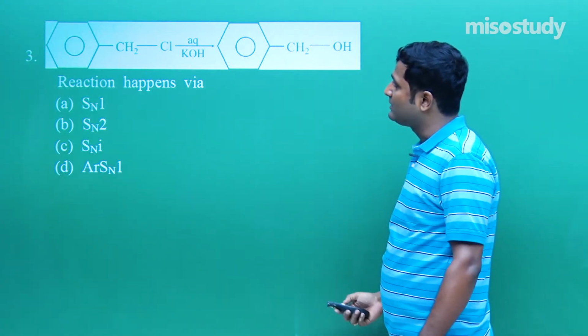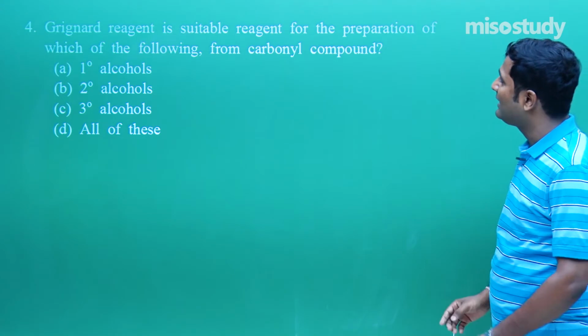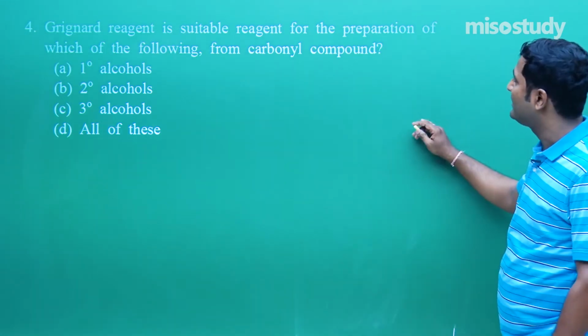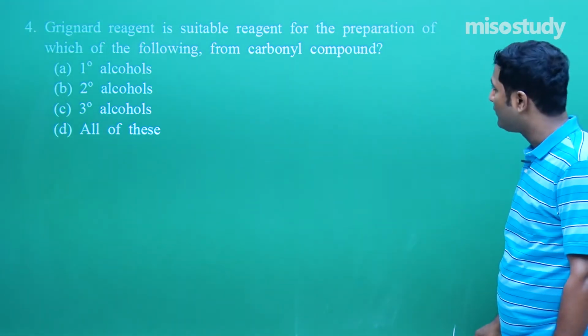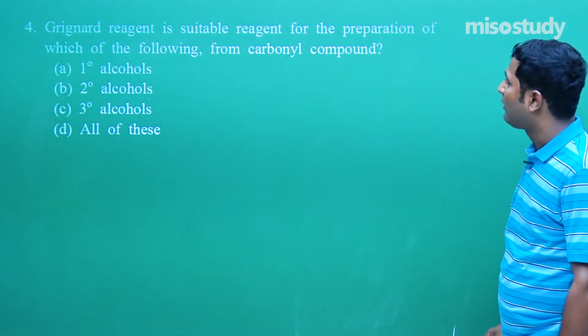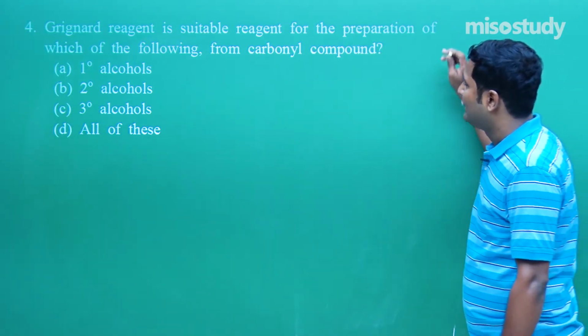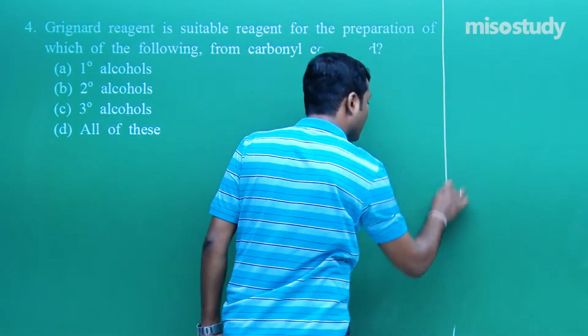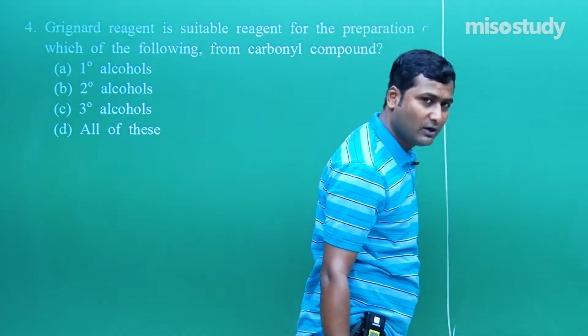Now the next is question number 4. Grignard reagent is suitable reagent for the preparation of which of the following from carbonyl compound? Wait for a moment.